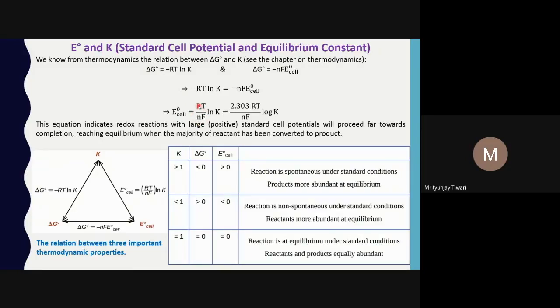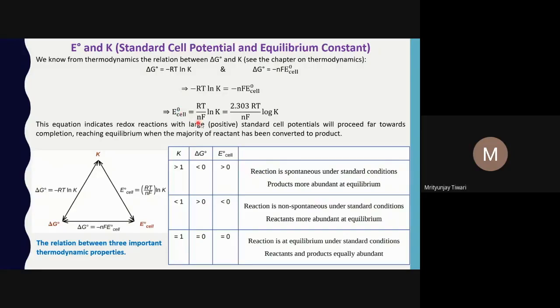So what can we get? Putting the values of R, T, and F, it comes to 0.0592, and its unit will be volt divided by n. If you put the units of all these quantities, the unit of RT by F will be volt, and that should be so, because log K is unitless, being a number, and E naught cell has the unit volt.